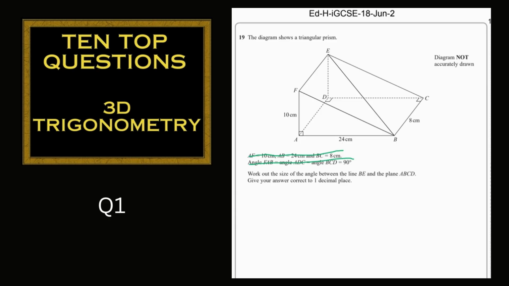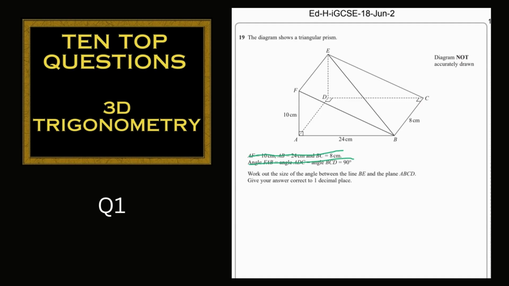Don't let it. Again, as with all of these questions, identifying what you're trying to work out is probably the most important part of the question. Work out the size of the angle between the line BE, in this case they've actually drawn it on, and the plane, the flat surface ABCD, or in other words, the floor.